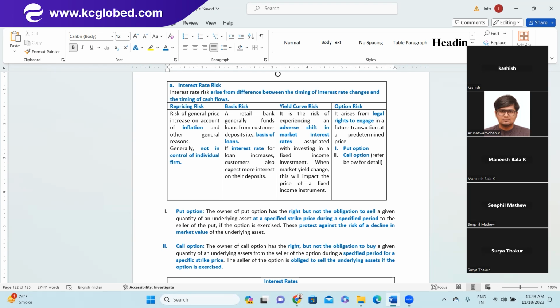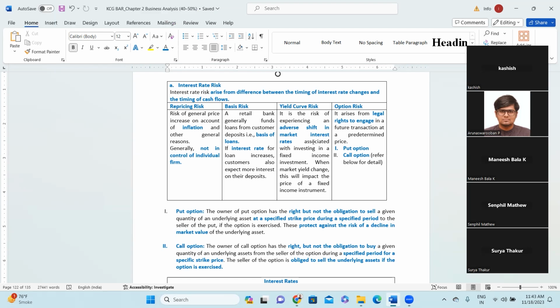So that is called repricing risk. So it is the risk of a general price increase on account of inflation and other general reasons. Generally not in the control of an individual firm. It is controlled by the market, not by the individual firm. Make sense?